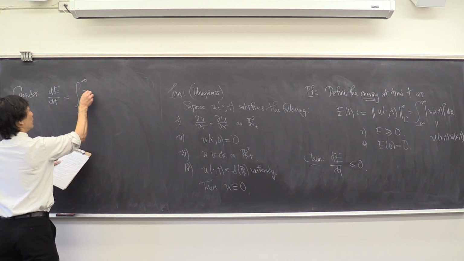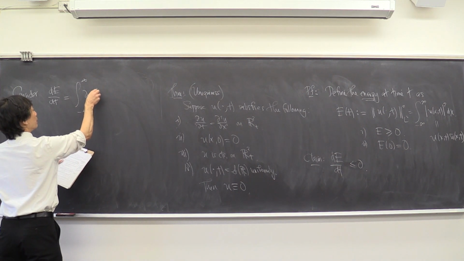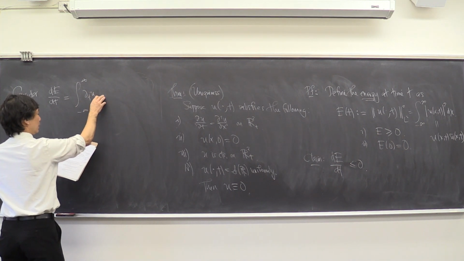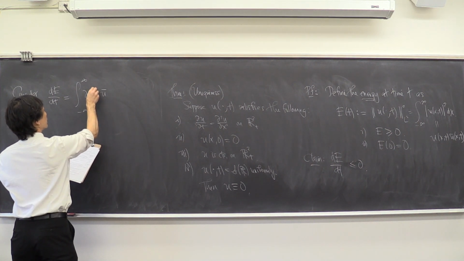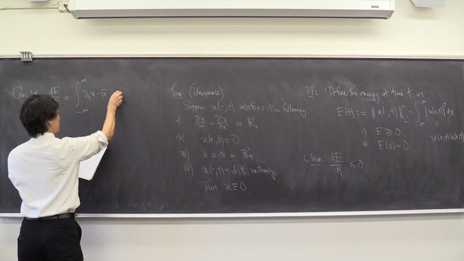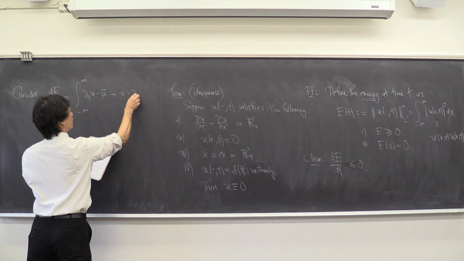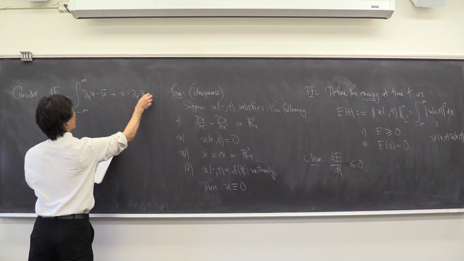We get the partial of u with respect to t times u bar, plus u times the partial with respect to t of u bar.